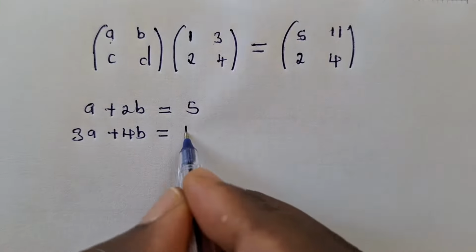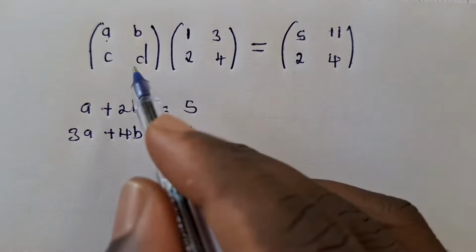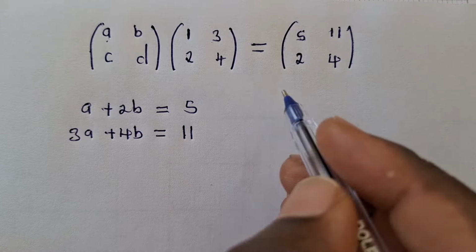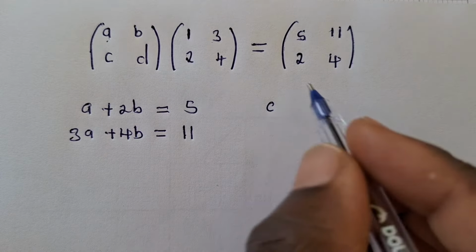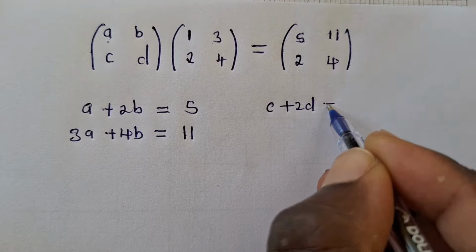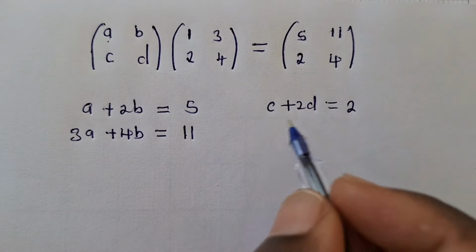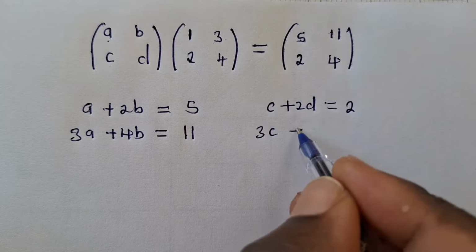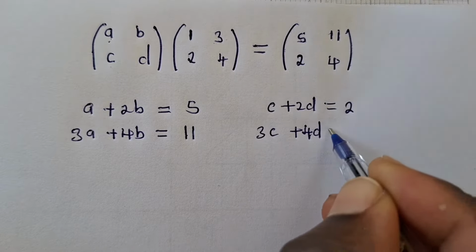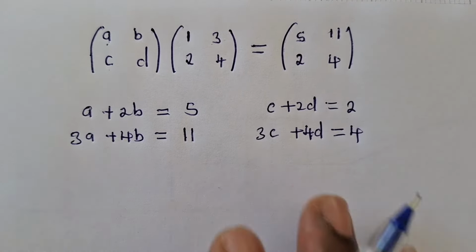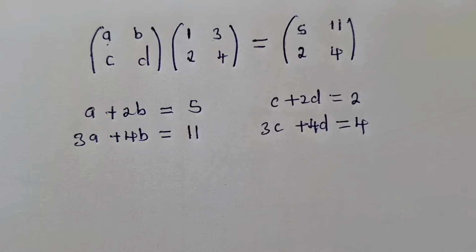This is equal to 11. We come to this other one, C times 1, it's C. D times 2, it's 2D, is equal to 2. This times this, it's 3C. Here, it's 4D, is equal to 4. So now solve these two sets of simultaneous equations.